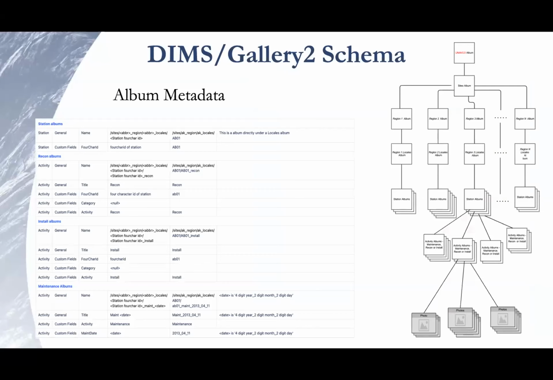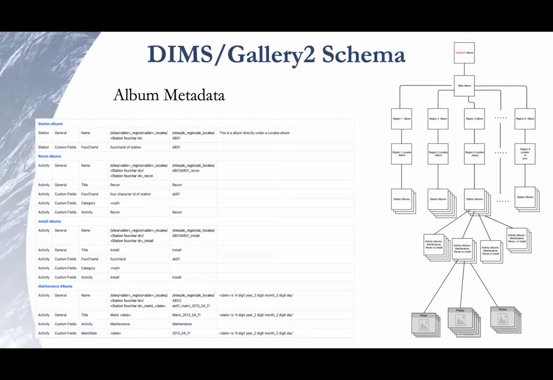Here's an overview of what the album metadata looks like and the database schema of the Gallery 2 database. A lot of the metadata information is embedded in file names, and this goes back to almost when the platform was started, I think in 1993.